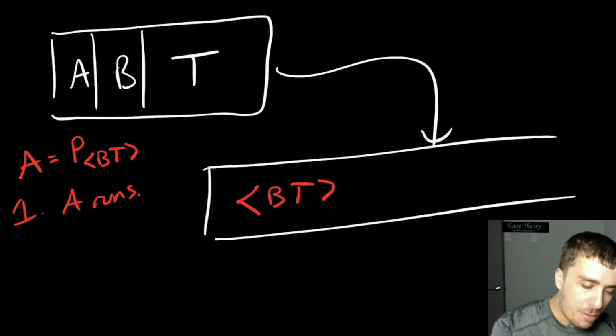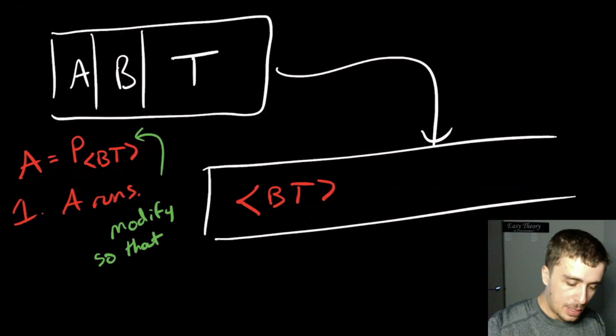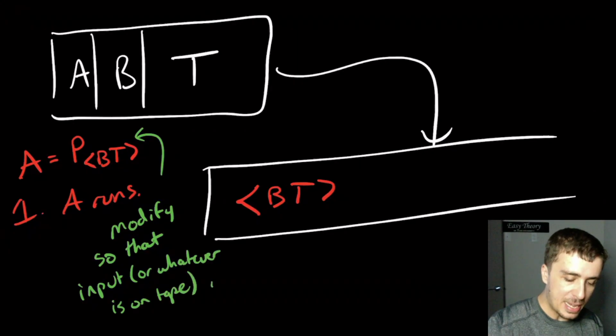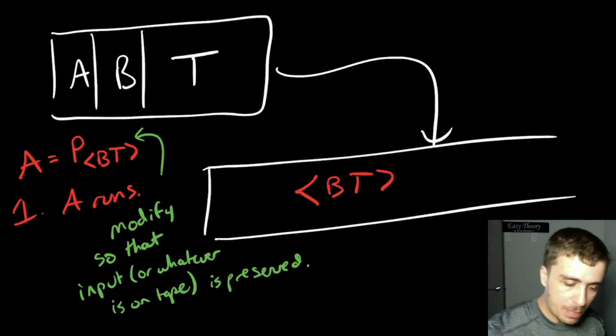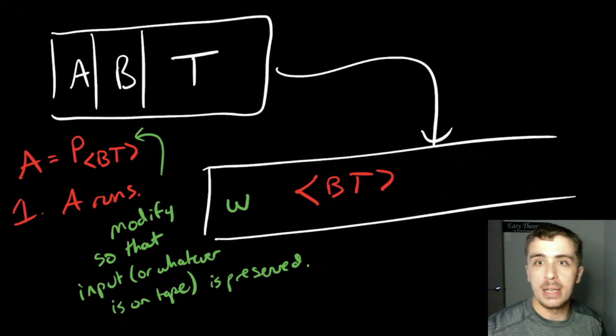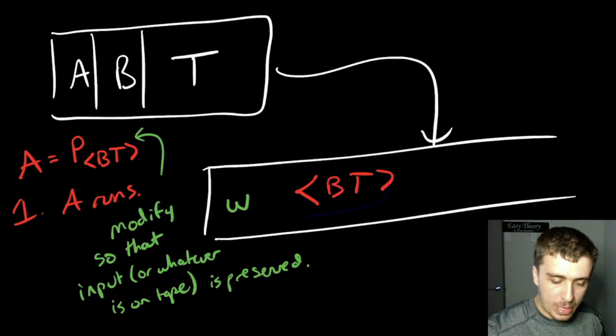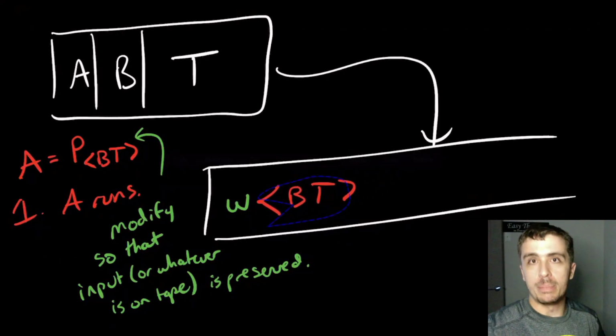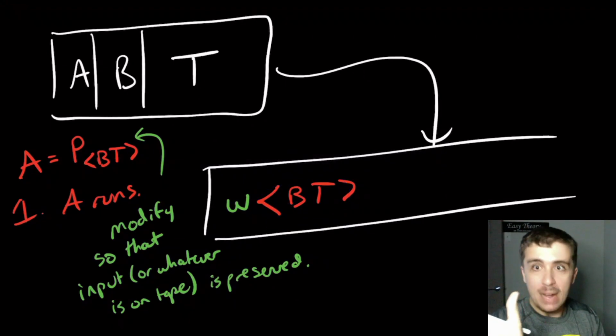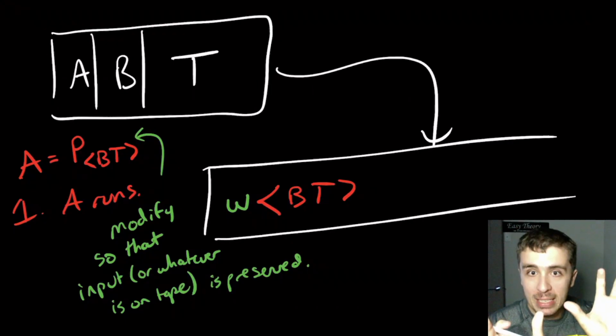We're going to modify it so that the input is preserved, or whatever is on the tape already is preserved. In this particular case, if we happen to have some input, let's say W written on the tape, then what we can do is have W written there and then write down the description of BT. So instead of destroying the tape, we're just going to leave whatever's there on the tape and then write the description down.